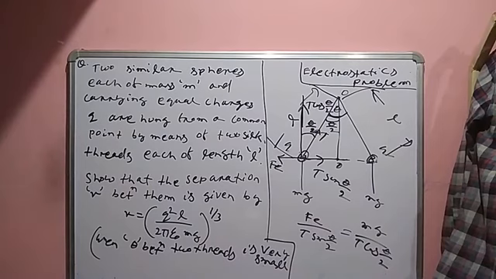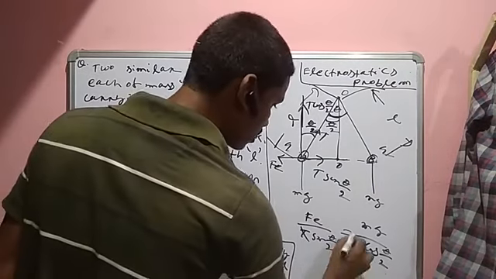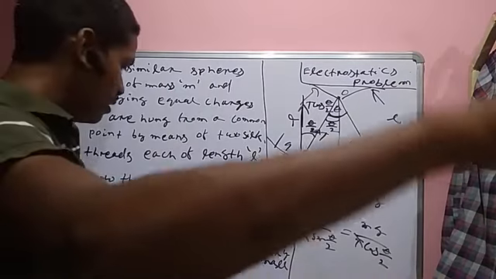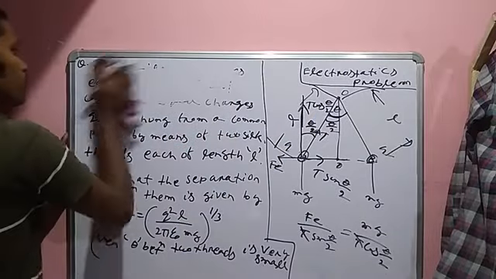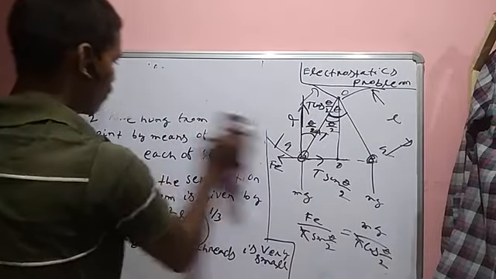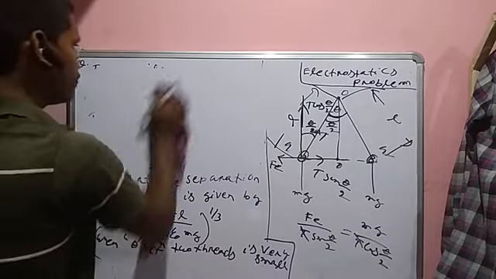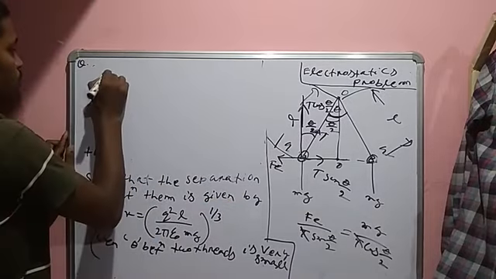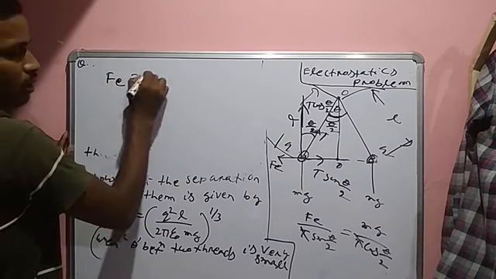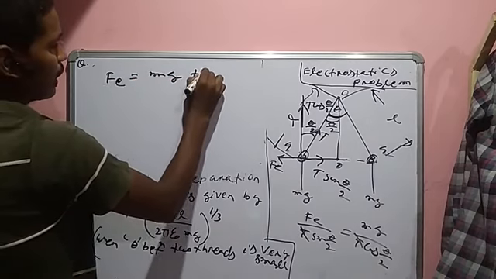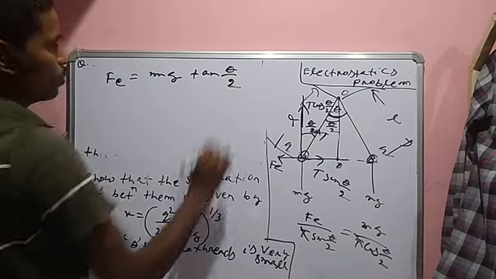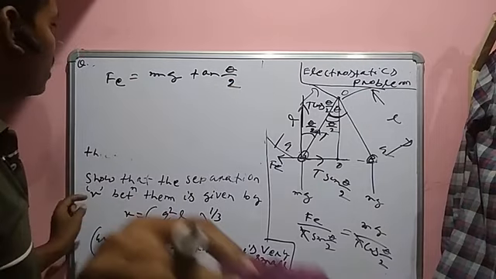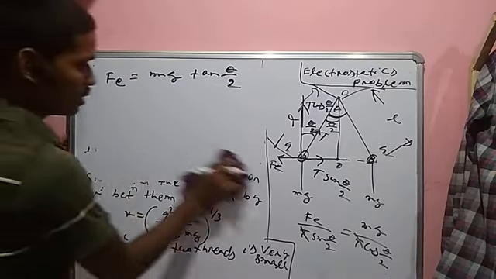Yes or no? So T cancels on both sides. Then Fe is equal to mg tan theta by 2. Yes or no?